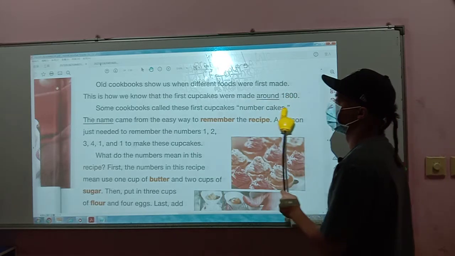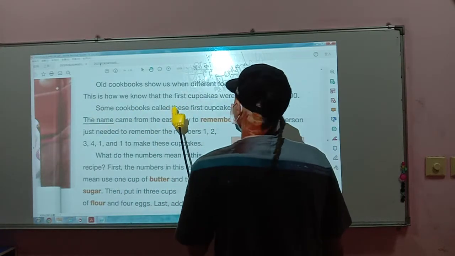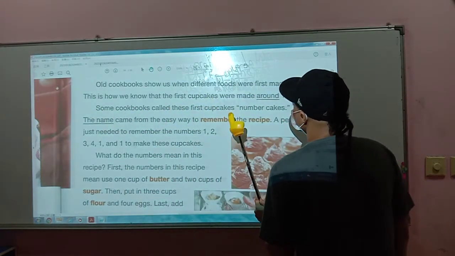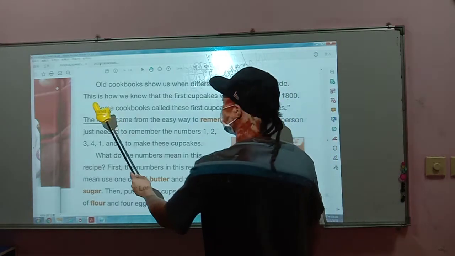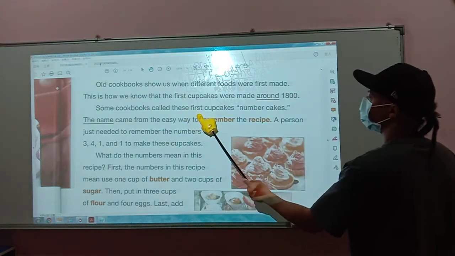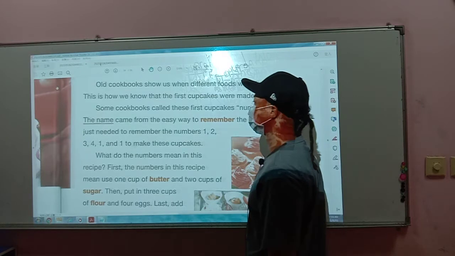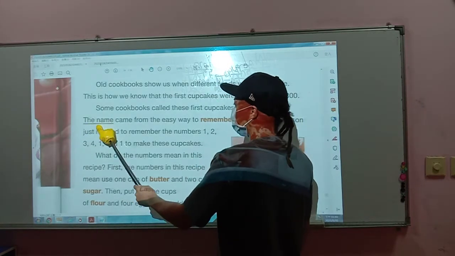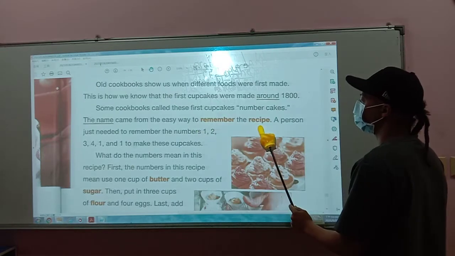Okay, so around about this time. Some cookbooks called these first cupcakes number cakes. Let's read it again. So some cookbooks called these first cupcakes number cakes. The name came from the easy way to remember the recipe.